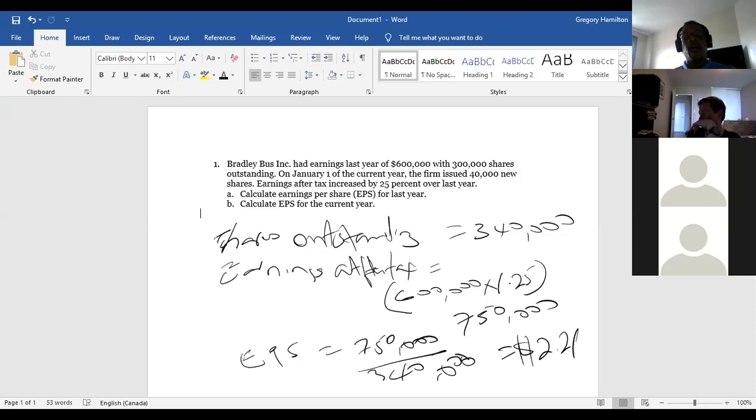The company initially had 300,000 shares issued to investors, and it now issued an additional 40,000. So that's why it is added to the 300,000. The number of shares accounted for when calculating earnings per share is the number of shares that are issued.